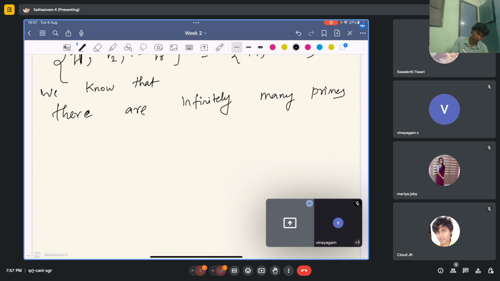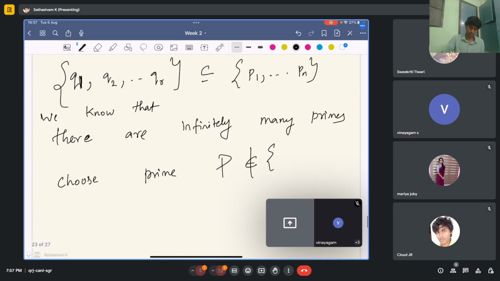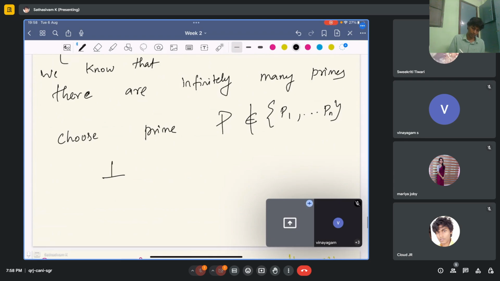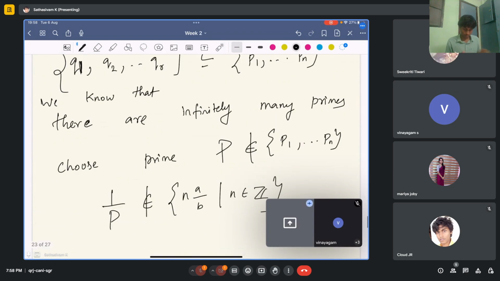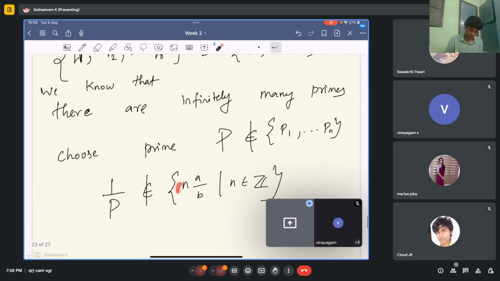So what I can do is choose a prime, let's say capital P, which does not belong to this set p_1 to p_n, and consider 1 by P. What you can see is that 1 by P does not belong to this set, because if you look at any element here, the primes in the denominator come only from this collection.